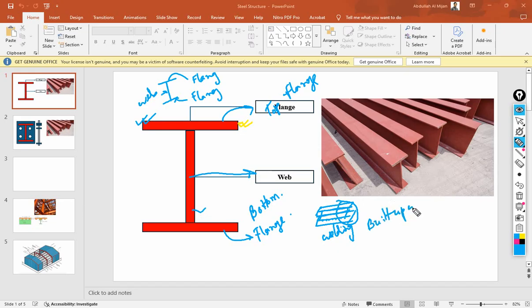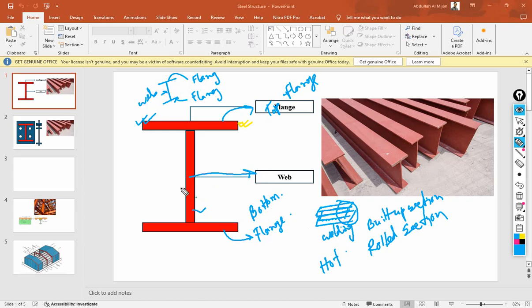At the same time, some sections are made in a factory, which is called a rolled section. It's also called a hot roll section, because these types of section are fabricated in the factory by melting the steel and bringing it into an I shape form.